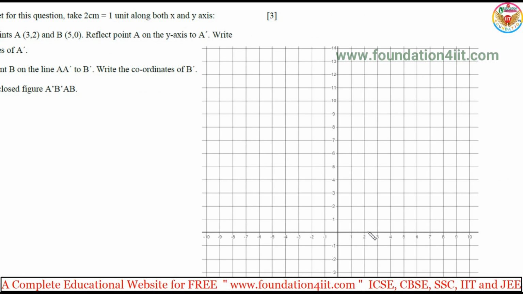So first 3 comma 2. 3 comma 2 is this, A. 2 centimeters 1 unit you must mark. Okay, in this graph I am showing in this way. 5 comma 0. B is 5 comma 0. Y value is 0, so the point is on the x axis. 5 comma 0 is B.